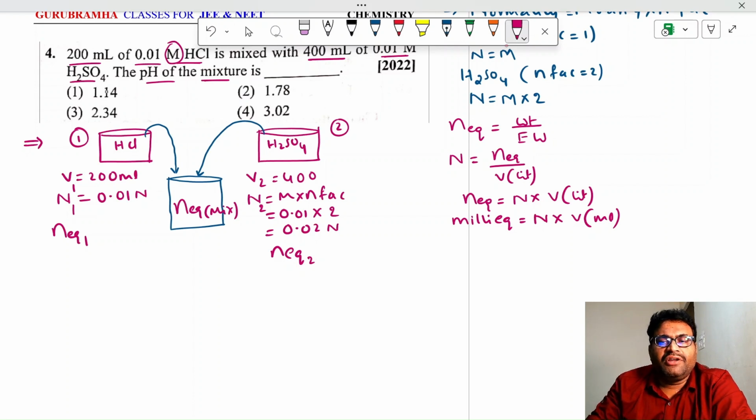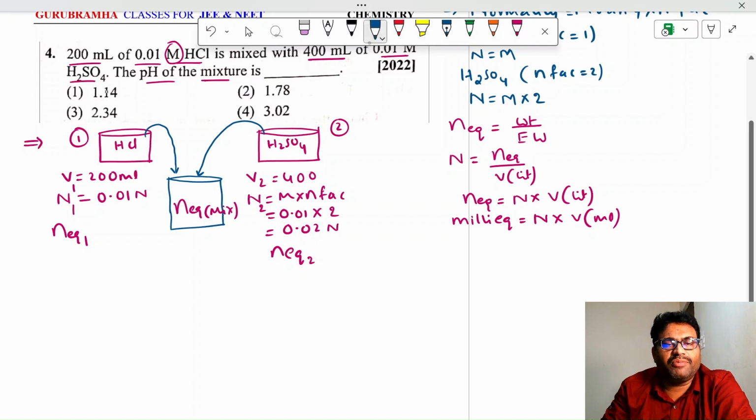Now, when you are adding these two, what happens to the number of equivalents of the mixture? There is no reaction and these two are acids, so they just get added up: number of equivalents 1 plus number of equivalents 2. Both volumes are in milliliters, so no issue.